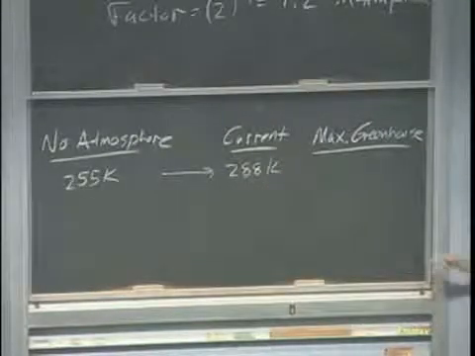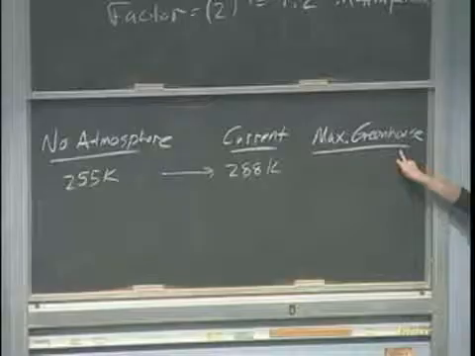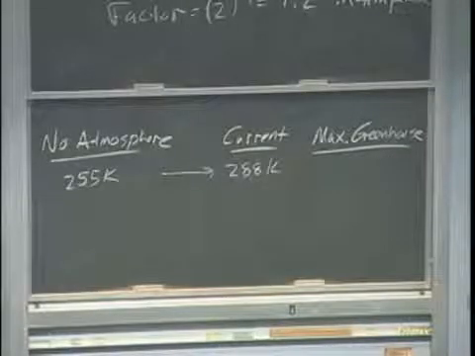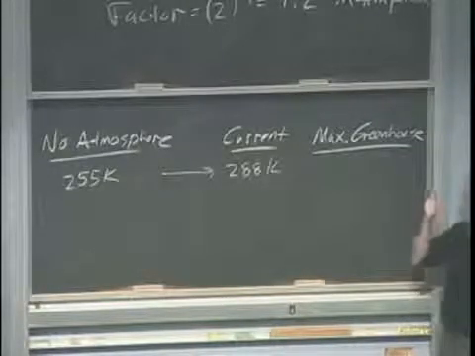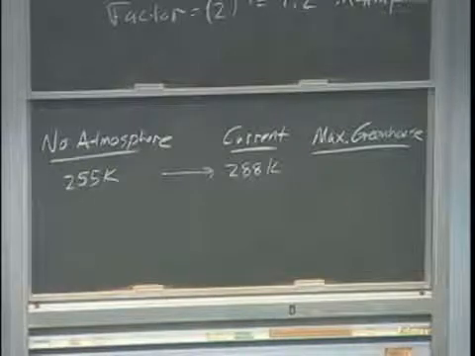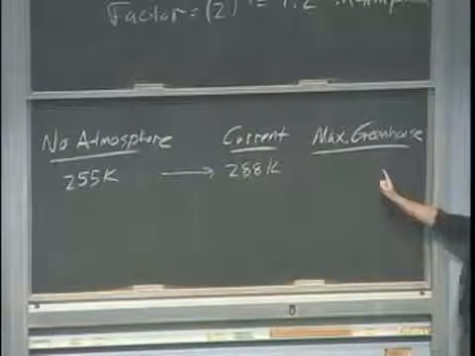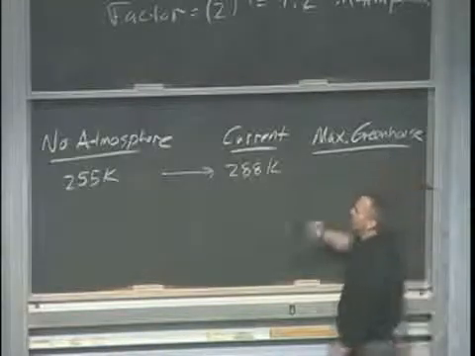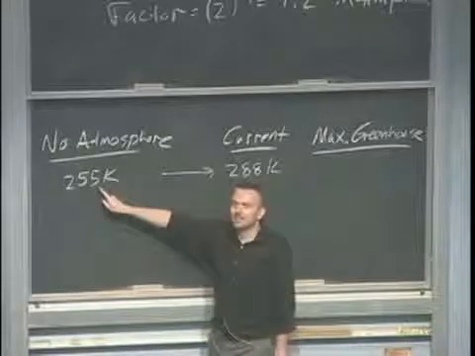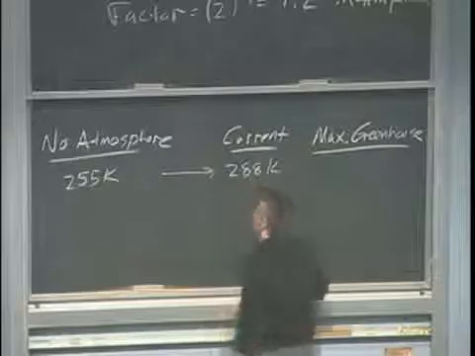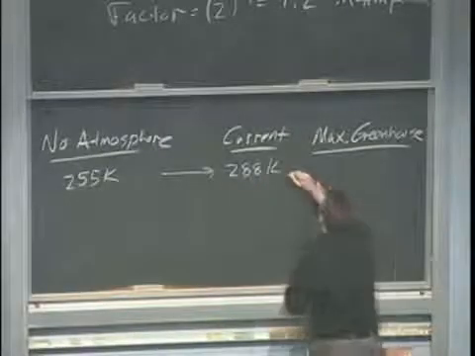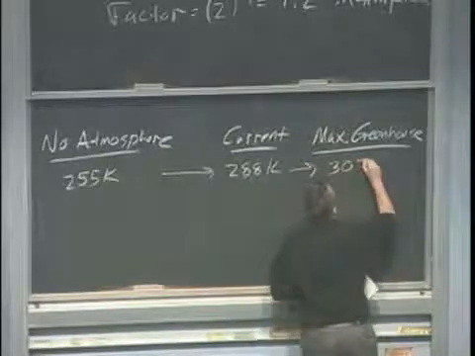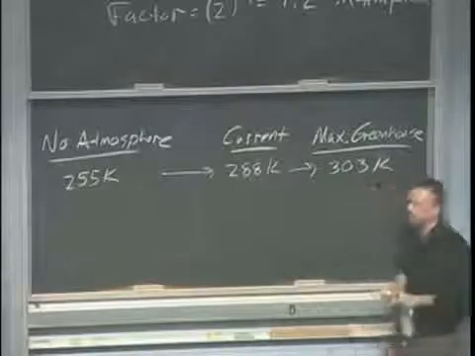And then for the maximum greenhouse effect, if we did our worst to the atmosphere, adding all the CO2 and methane and water vapor, everything we could throw up there to increase the temperature, the maximum temperature would be 20% higher than this case, which turns out to be 303 Kelvin.